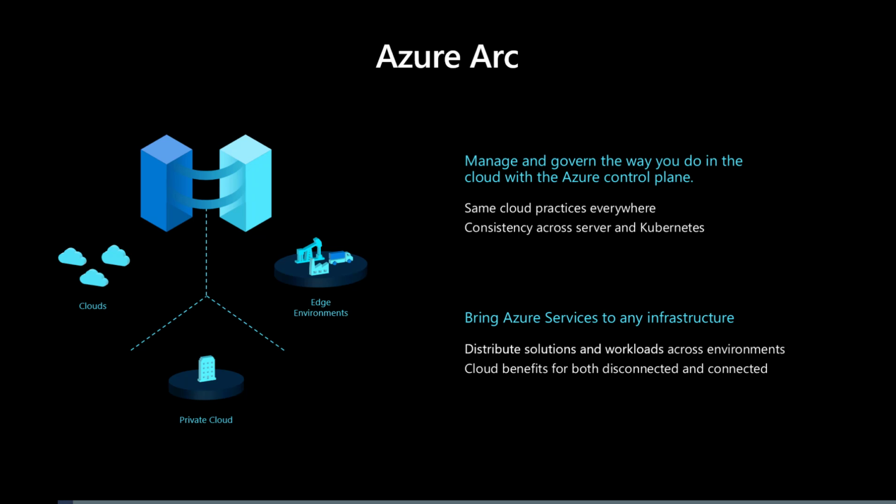Now there's another aspect as well. There are specific Azure services that you might want to bring to on-premises or to the edge for latency or other reasons. You might want Azure databases that you already know and use, like Azure SQL or Azure Postgres, and bring them to your factory floor or your on-prem data center, but managed the way Azure manages databases.